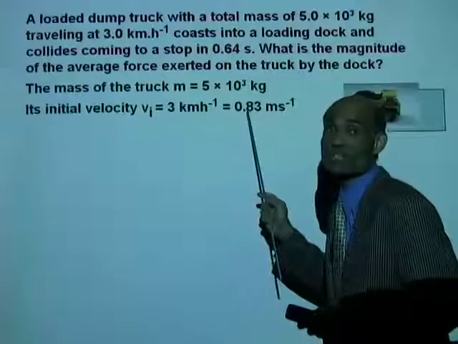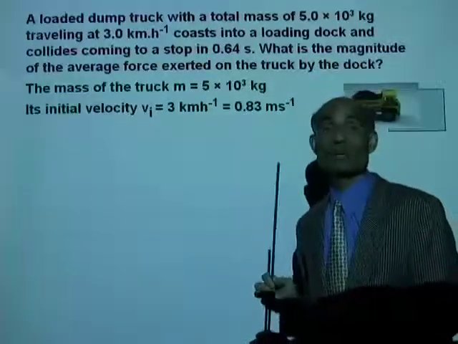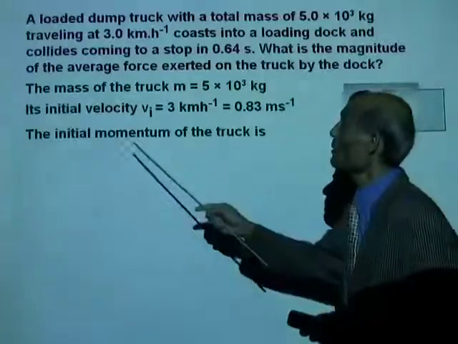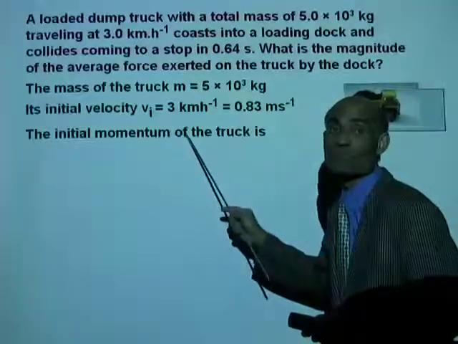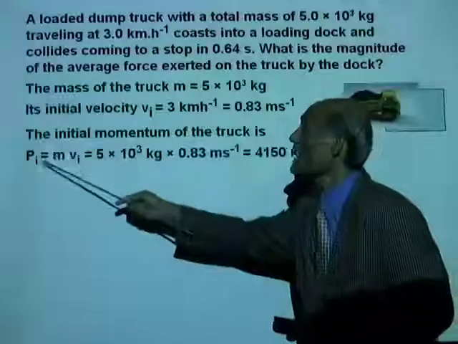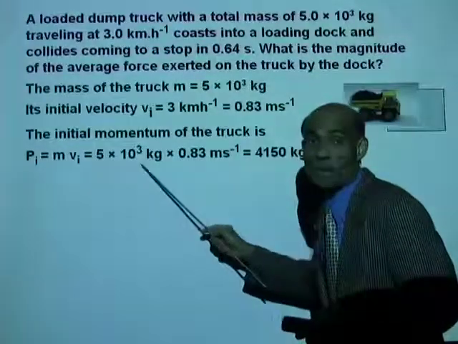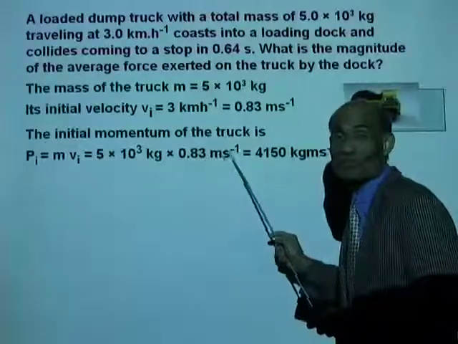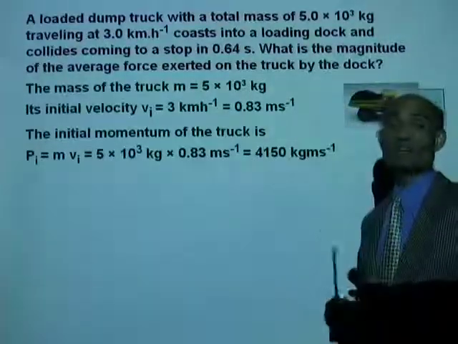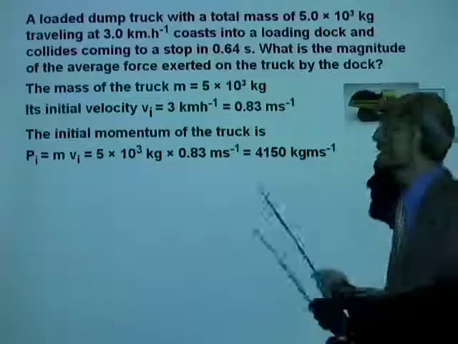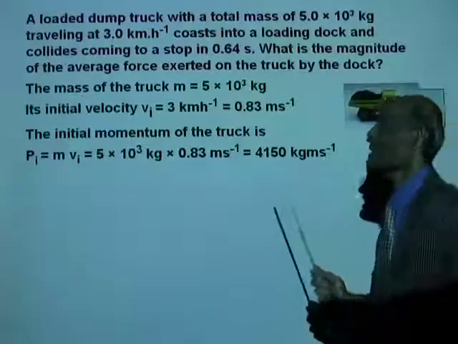Divide by 3.6. That is 0.83 meter per second. What is this initial momentum? Initial momentum Pi is mass times initial velocity, and that is 4,150 kilogram meter per second.